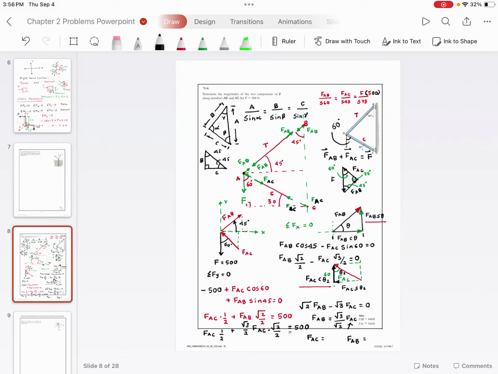Yeah, the AC answer is given here. This problem is solved in your notes, by the way. And FAB is 448. By both techniques, you should get the same answer.